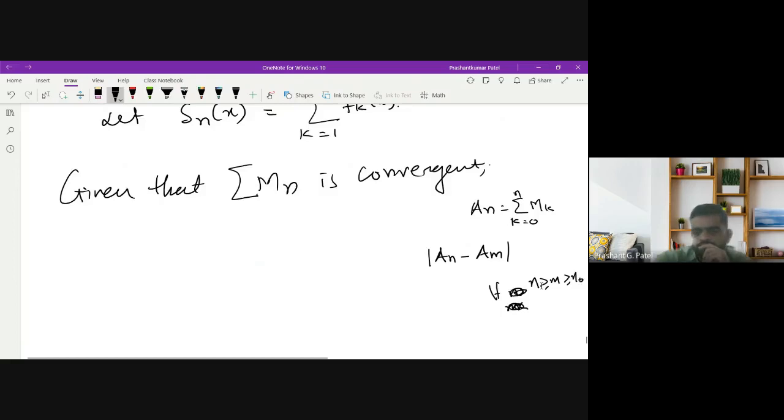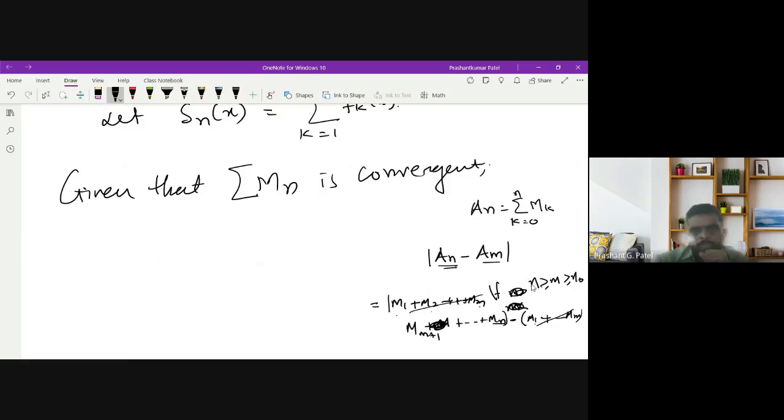If n is bigger, then we know that this is equal to M_1 plus M_2 up to M_n, minus M_1 to M_m, because this is A_n, that is M_1, M_2 up to M_n, minus A_m, which is M_1, M_2 up to M_m, and these values cancel out. So only M_(m+1) to M_n is left.